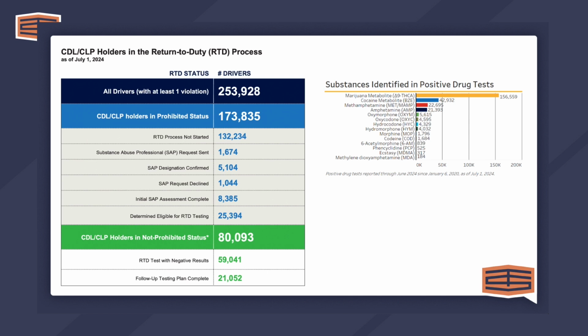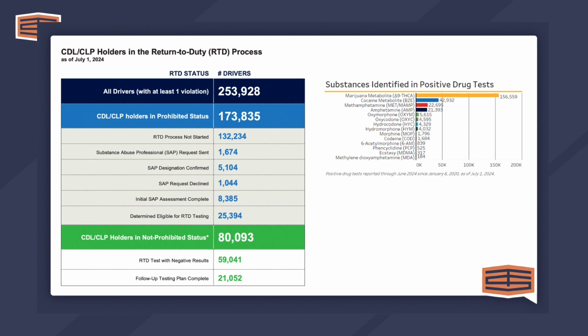Now, there's a lot of ways you can interpret that, but I think a lot of people would agree that those drivers that have not started the return to duty process at any level, which represents 132,000, those drivers have probably left CDL driving and may not be coming back. So that's bad news there.